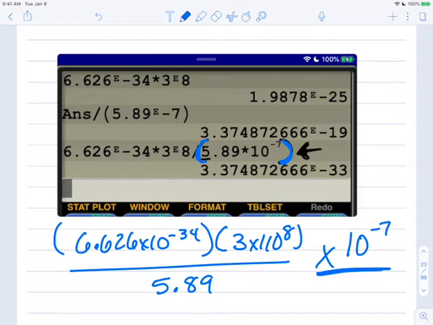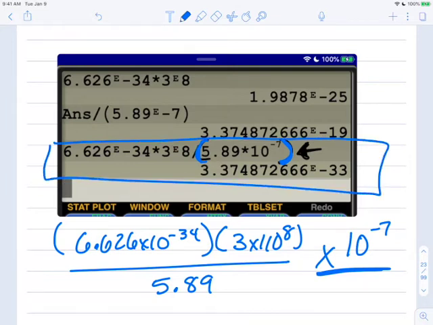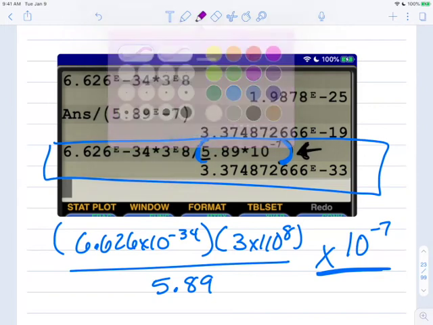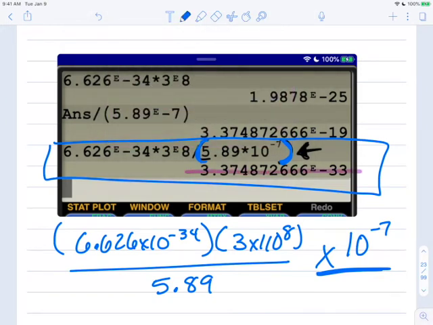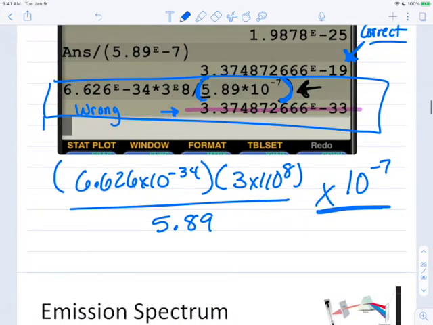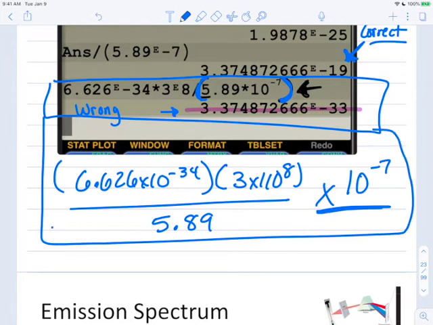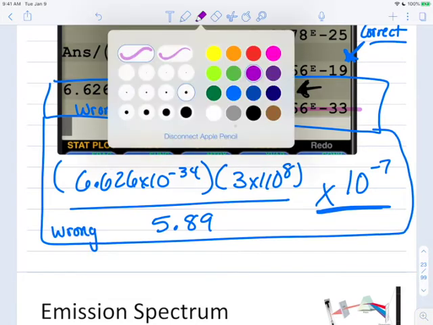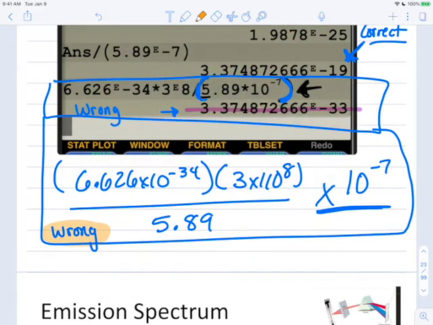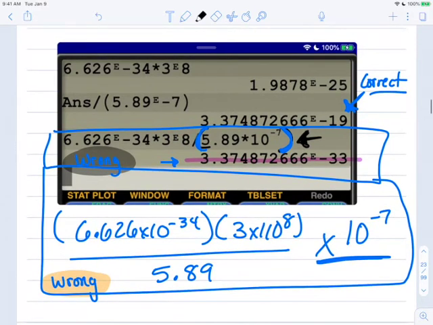So let me put a little box around this one right here. All right, it's a little sloppy, but this way, if you go back to your notes, or those of you watching the video, these ways right here were the wrong ways to do it, and this is the correct method.